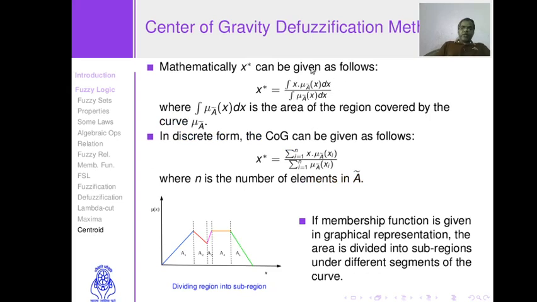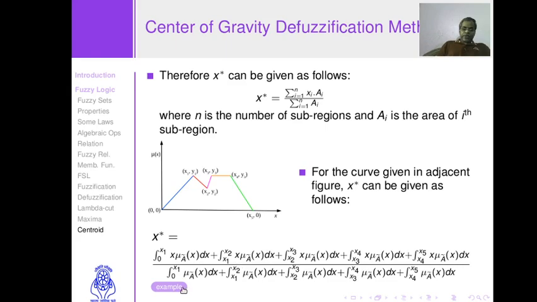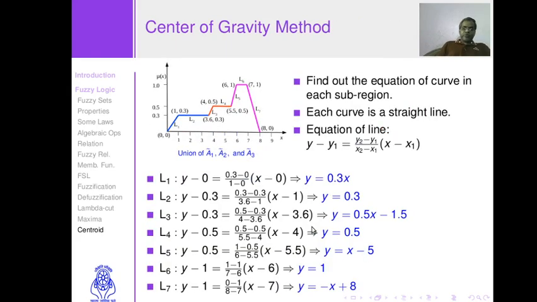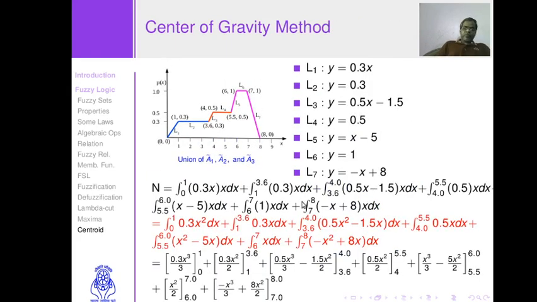So let us find out the numerator first of this equation. We have to apply this equation. There is a numerator and a denominator. First we find out the numerator, then we determine the denominator, and finally we get the value of x star.